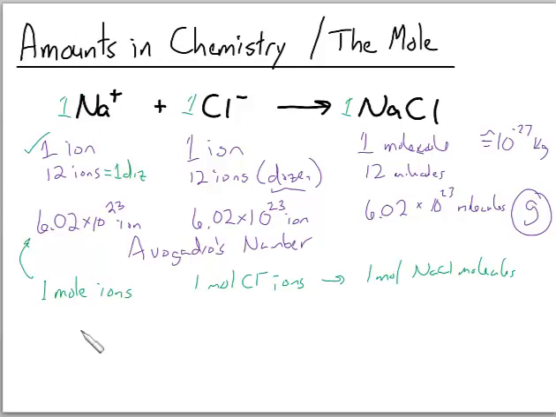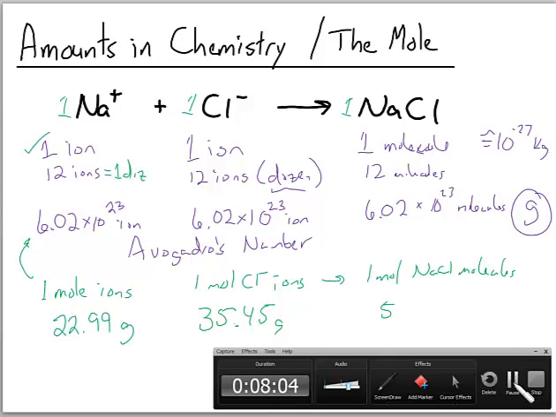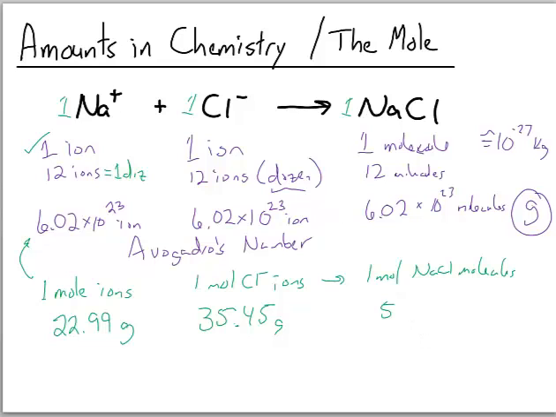now if I was to weigh, and I'm going to see if I remember these numbers, 22.99 grams, and this one, I know this one's 35.45 grams. And if you add these 2 together, it's 50, oh boy, hang on, let me get my notes. Okay, it is 58.44.